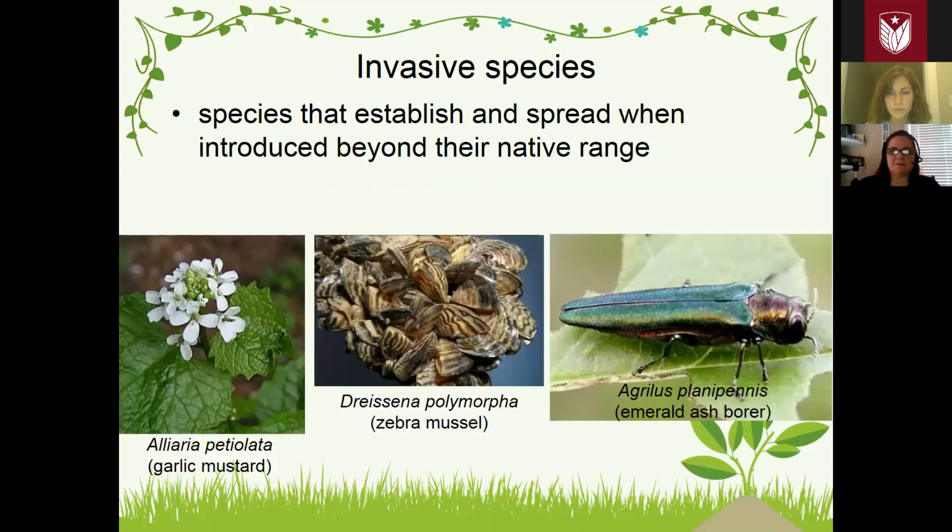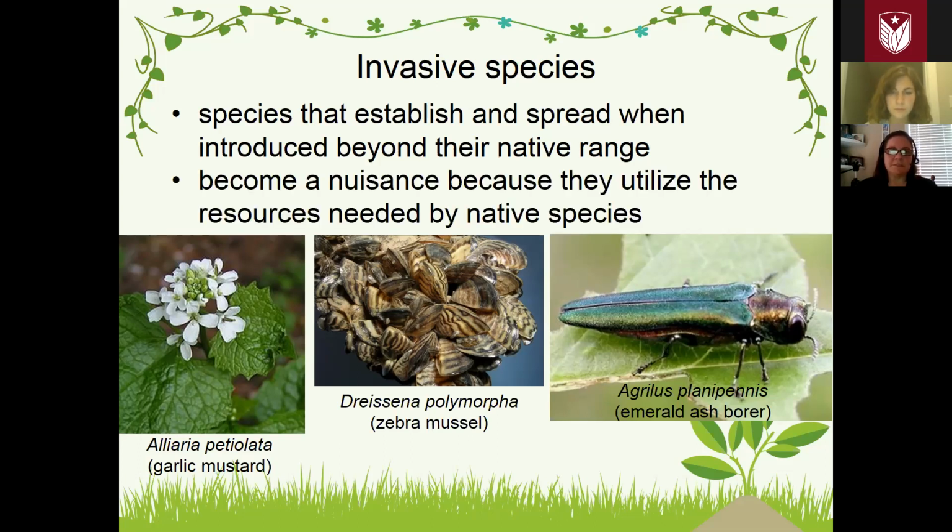Invasive species, I'm guessing you all are familiar with the concept. Species that establish and spread when introduced beyond their native range. The three I picture here are all invasive in Nebraska, just a few of the many invasive species that we have. And the way that they threaten biodiversity is because they utilize the resources needed by native species.